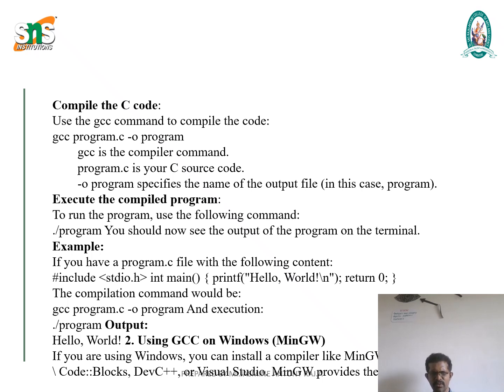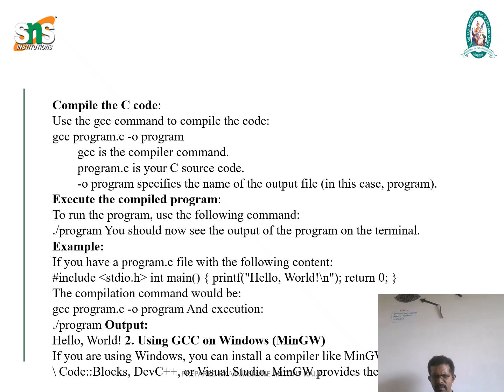Suppose, for example, you want to see a program.c file with the following content: #include <stdio.h>. This is a header file. Header files contain the information used to execute the program. stdio.h means standard input output, and the h stands for header file. Then int main, open bracket, printf("hello world\n"), where \n prints a new line.